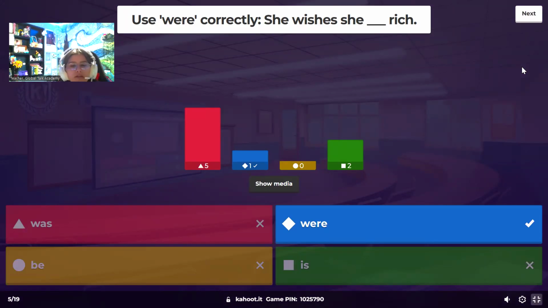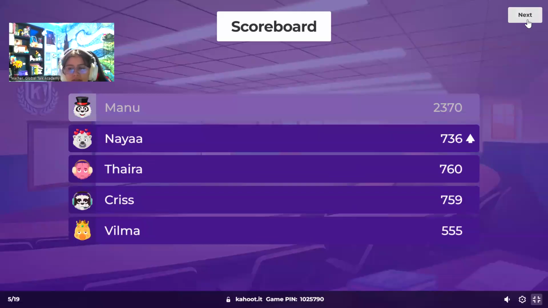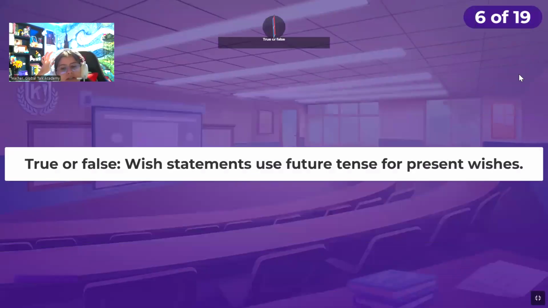Remember that when we use wish, we use were for everything. It doesn't matter if it's singular, like she, he, it, because we know that when we use he, she, it, we use was, right? But in this case, with wish, we use were for everything, just here, right?